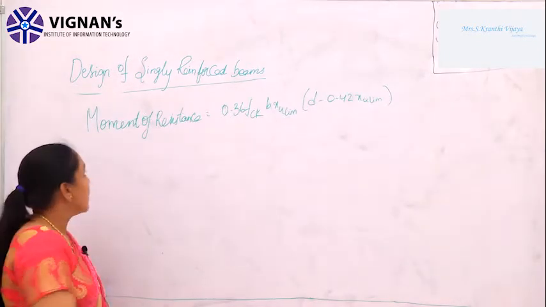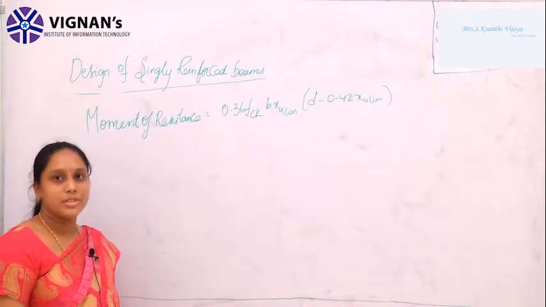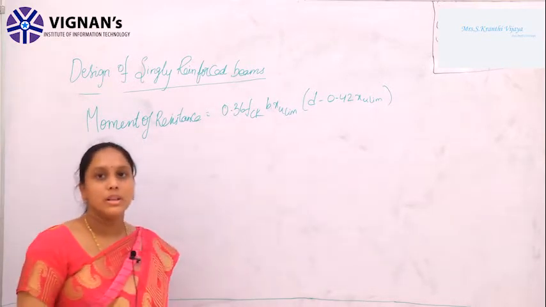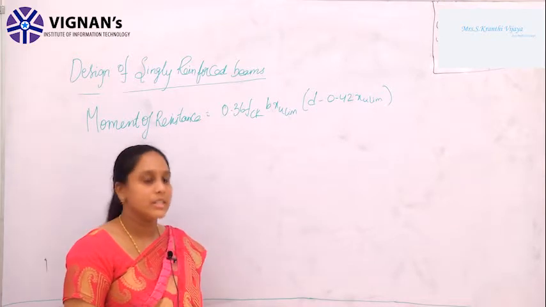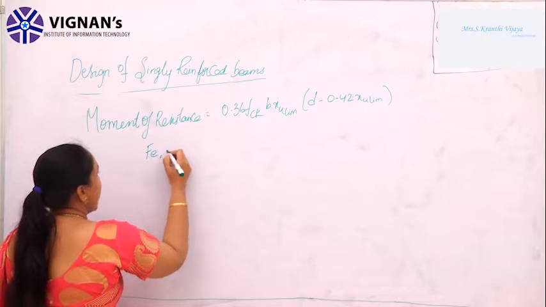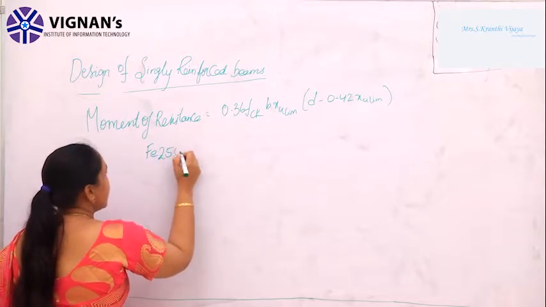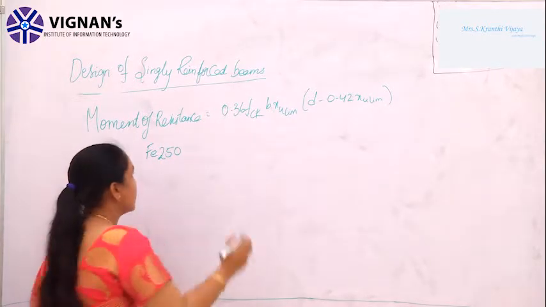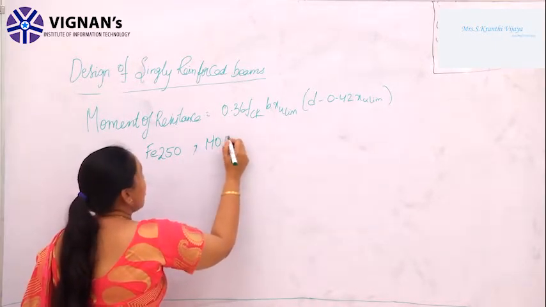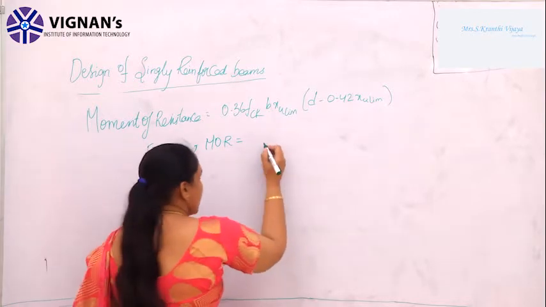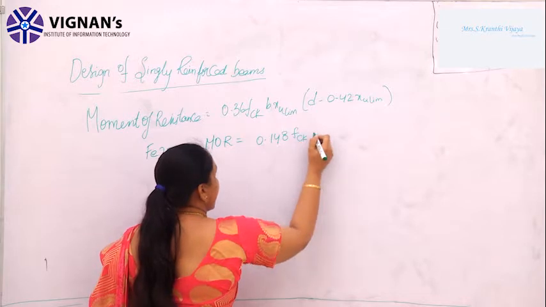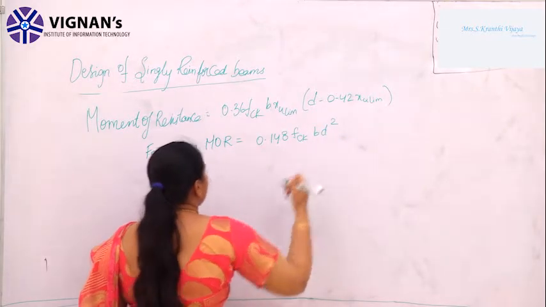So, for now let us calculate the moment of resistance by substituting the values of xu limit for different grades of steel. If you substitute the xu limit value for 250 grade of steel, then the moment of resistance value you will get is 0.148 fck b d square.